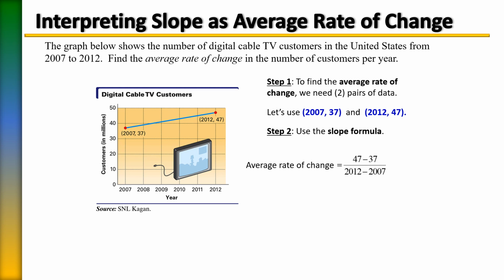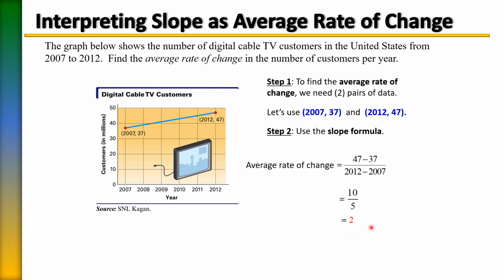Let's go ahead and subtract the top and subtract the bottom. That's going to give us 10 divided by 5, and we know that 10 divided by 5 equals 2. That is a positive number, which we should expect, because if you'll notice, our graph is moving from left to right in an upward motion, which signifies a positive slope.